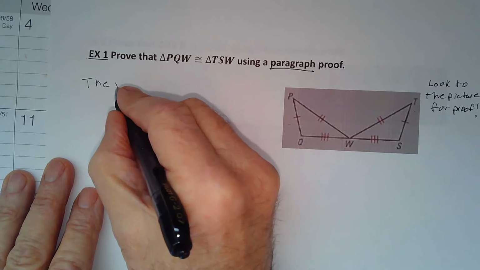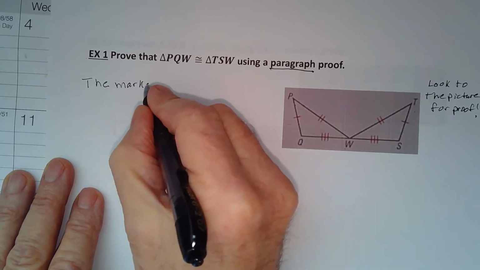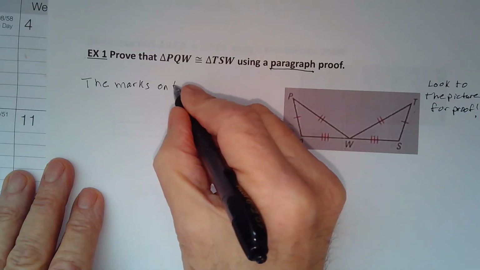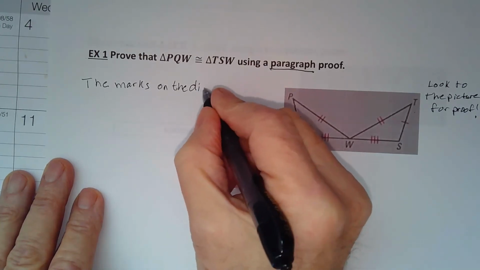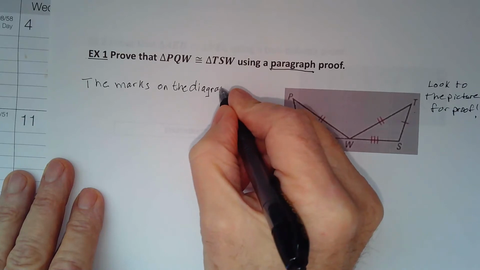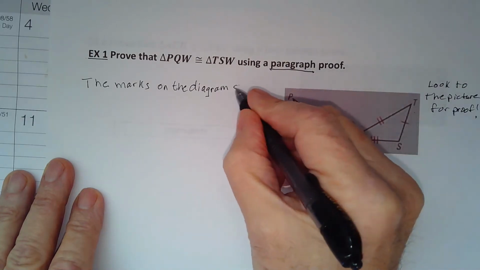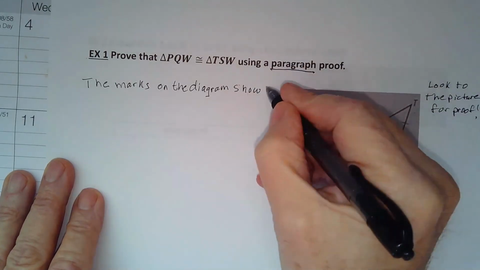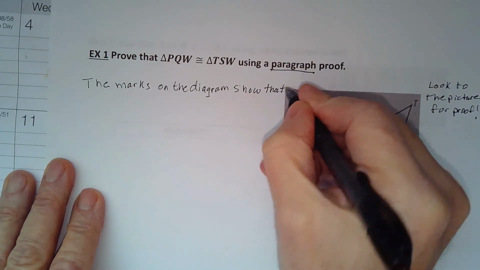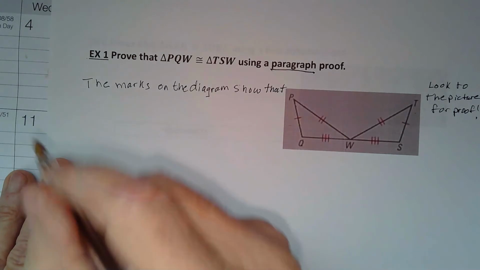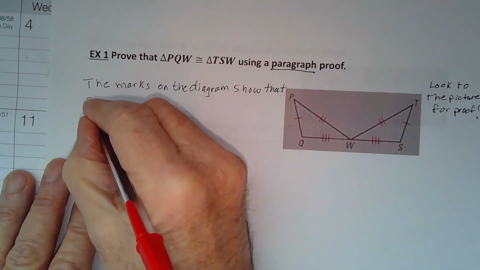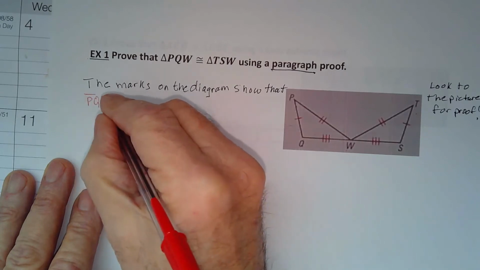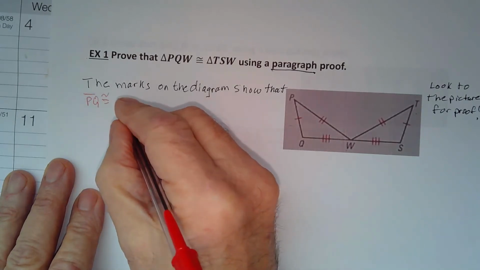The marks on the diagram show that line segment PQ is congruent to line segment TS.